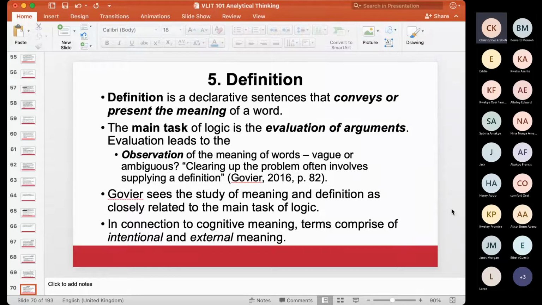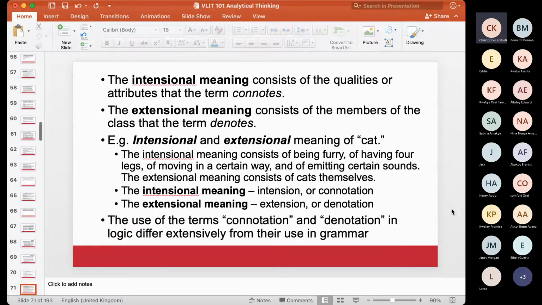So in connection to cognitive meaning, terms comprise intentional and extensional meaning. Now that we want to talk about definition and meanings, we have to understand in cognitive meaning what is meant by intentional and what is meant by extensional meaning.